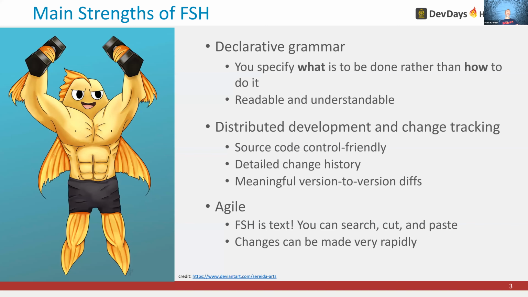It also supports distributed development, and that's very useful for large IG projects where you have more than one person. And it supports source code control, giving you a detailed change history and version to version differentials. So if more than one person is working on it, you make multiple commits, you can always see what's happened historically. It's also very agile.